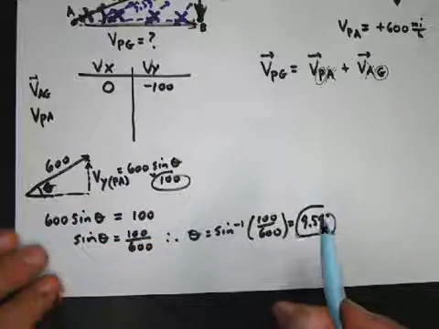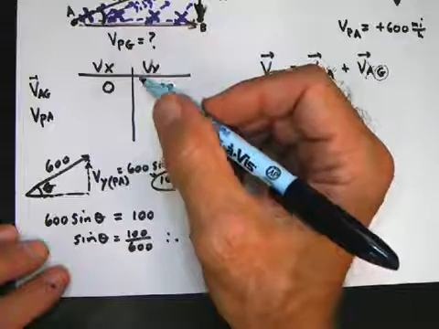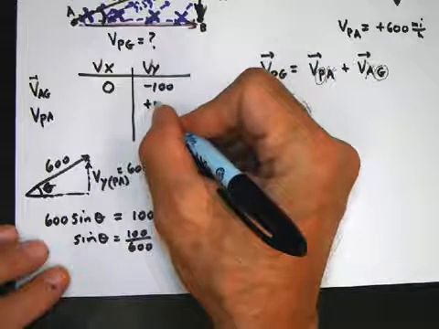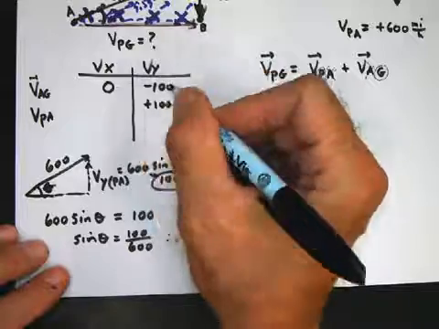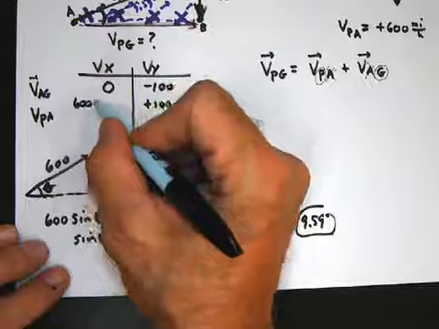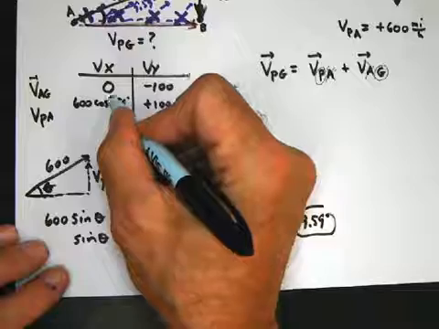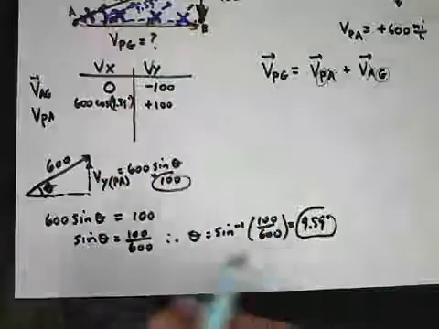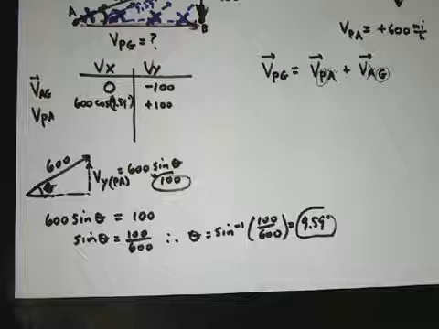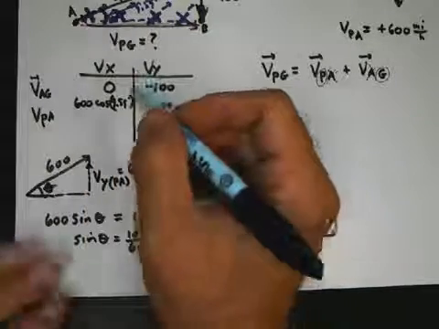So that's a positive 100 here, and then this is what? 600 times the cosine of 9.59 degrees. If I go ahead and solve for that, put it in degree mode, we get approximately 592 miles per hour.